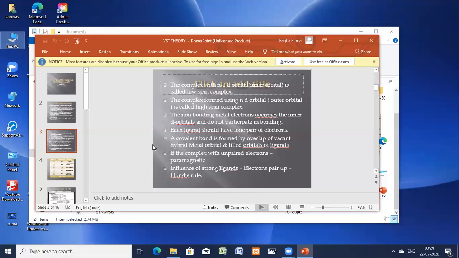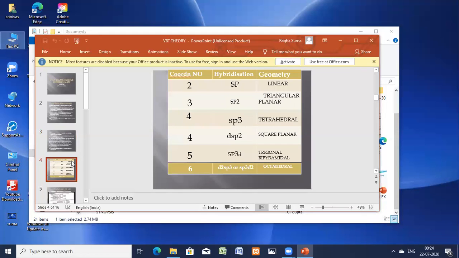What our valence bond theory explains is the structure of the metal complexes, the magnetism of the complexes, and the hybridization of the complexes. Now we'll see the hybridization of the complexes. Here the coordination number is 2. What is coordination number? The number of ligands attached to the central metal atom is the coordination number. If the central metal atom has 2 ligands, the coordination number is 2.